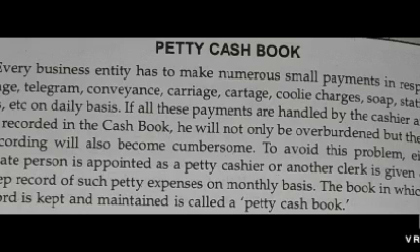The petty cashier will go on making payments of all the petty expenses out of this imprest amount. So whatever 1600 was given to him initially, from that 1600 the petty cashier will make the payments of all the petty expenses. This is the imprest system of petty cash book.